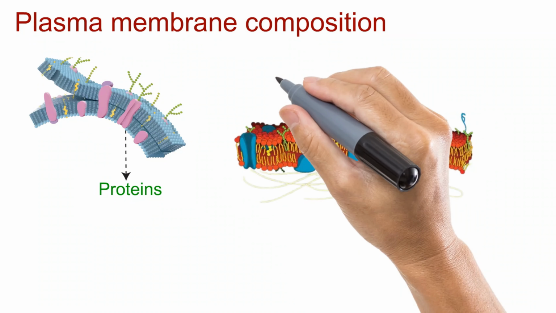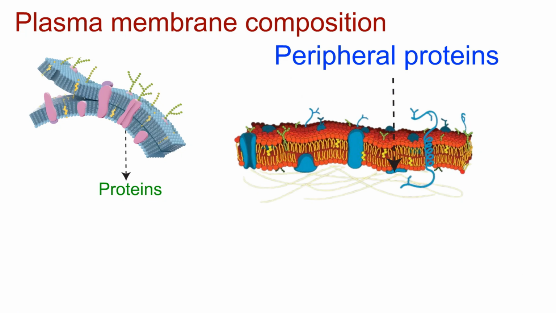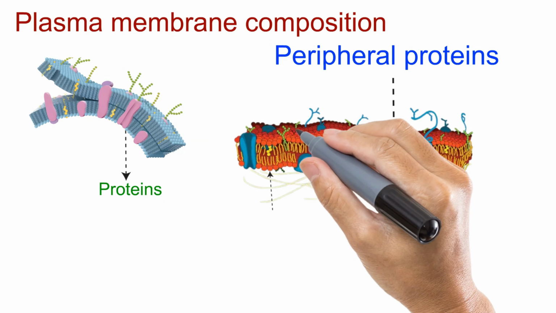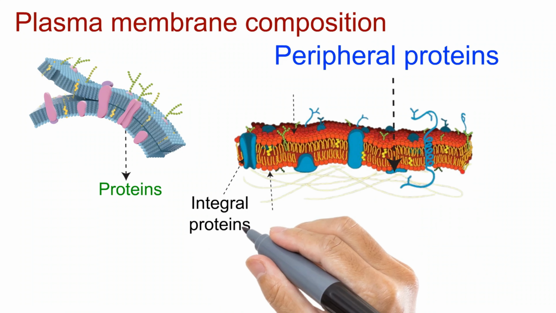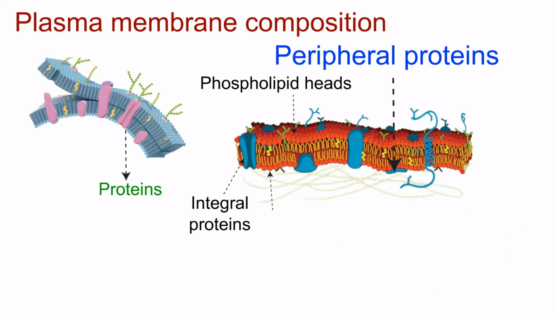Peripheral proteins are not embedded within the phospholipid bilayer. Instead, they are loosely attached to the inner or outer surface of the membrane. They connect either to integral proteins or to the polar heads of phospholipids through weak interactions. Because of this, they can be easily removed without damaging the membrane structure.